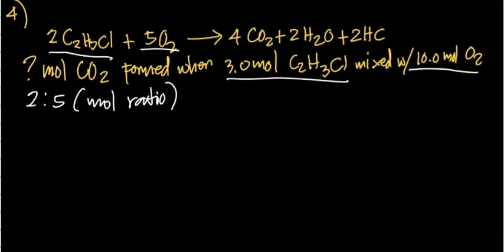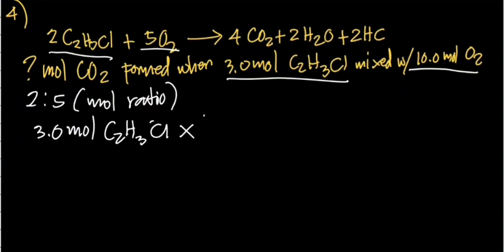So let's calculate the required number of moles of oxygen for 3 moles of chloroethene. So the ratio here is 2:5. We're given 3 moles of chloroethene, so we just multiply this by the mole ratio.